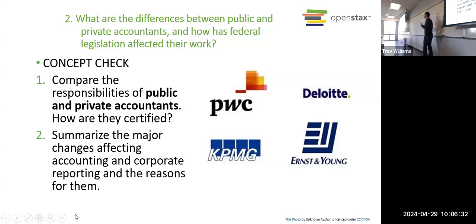Those are the biggest 4 accounting firms in the United States, perhaps in the world, but they're huge. And if you go to work for one of them, you will be doing accounting for their clients. So they'll send you out and say, hey, we want you to go down and do some accounting for Disney this month. And next month, we're going to send you out to Exxon. Next month, we're going to send you to Sony, whoever.